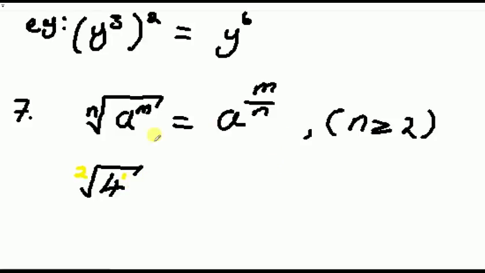So this is what you are going to do. From the place of m, you are going to write your 1. From the place of 2, you're going to write your n. So this is going to give you 4 to the power 1 over 2.